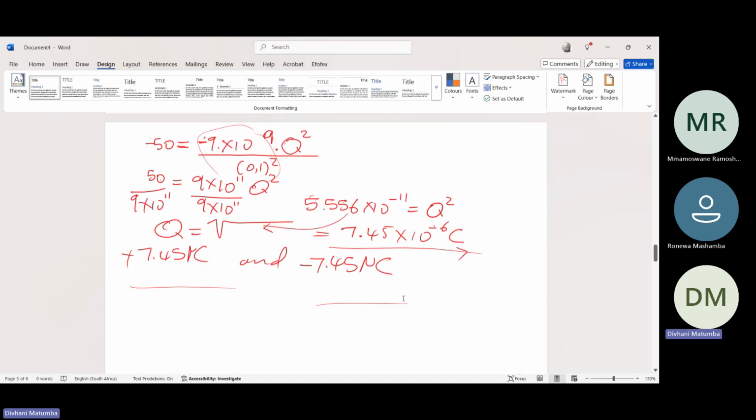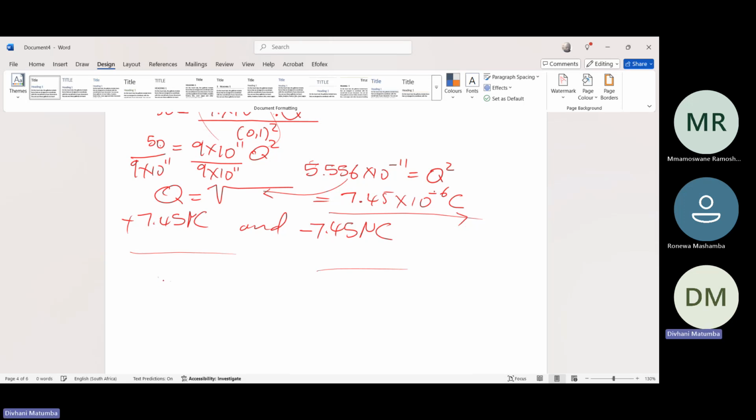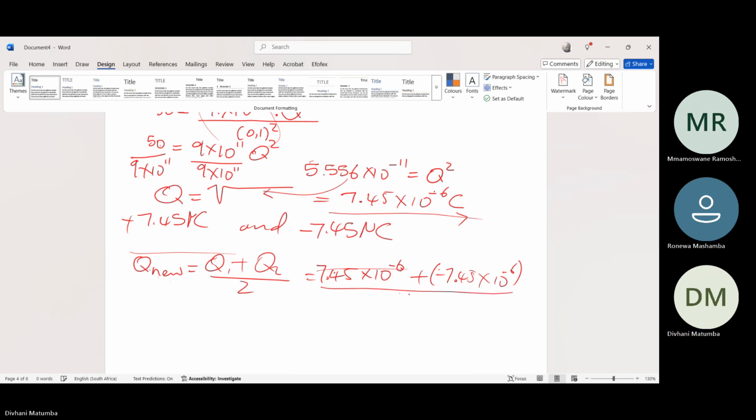So the new charge, Q new, will be Q1 plus Q2 over 2, which is 7.45 times 10 to the power of minus 6 plus 7.45 times 10 to the power of minus 6, all over 2.